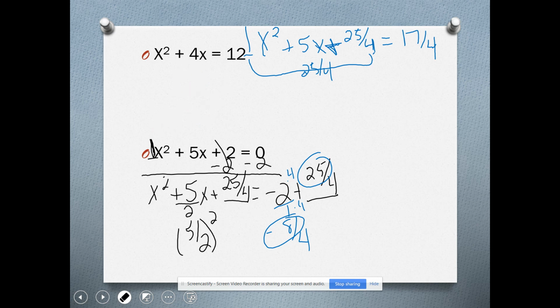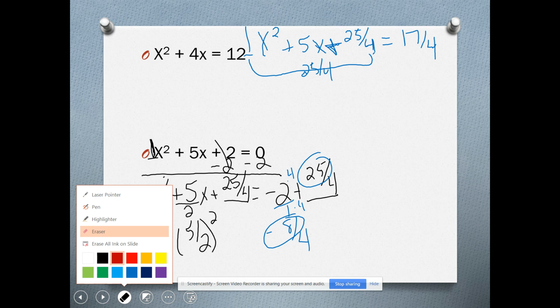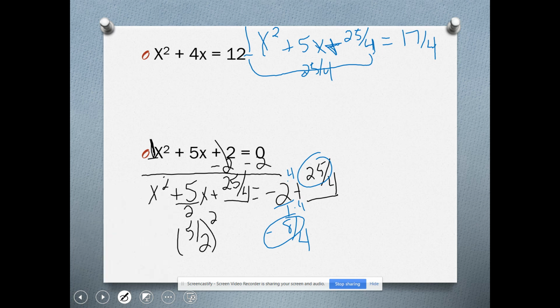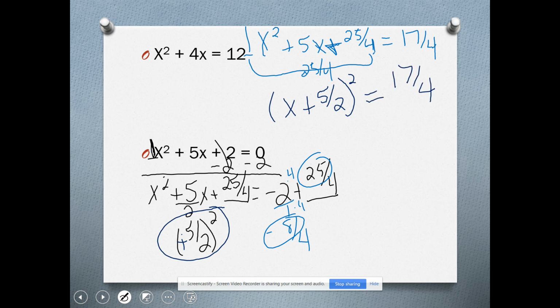So there is a shortcut to this factoring, which is that whatever you took and divided in half before you squared it is what actually ends up going into our parentheses for factored form. And so our factors are positive 5/2 and positive 5/2.